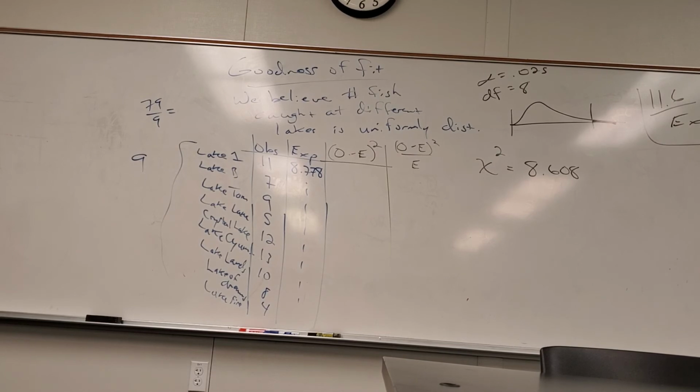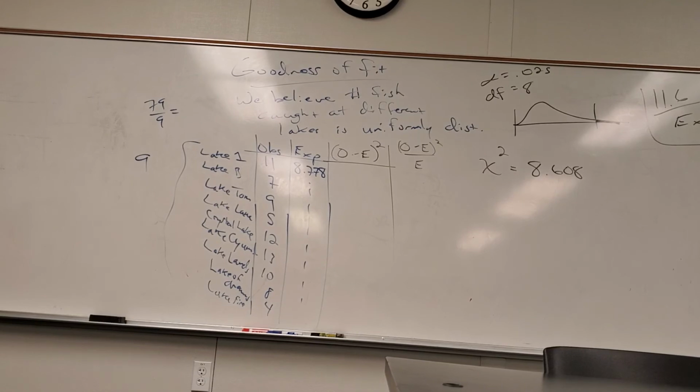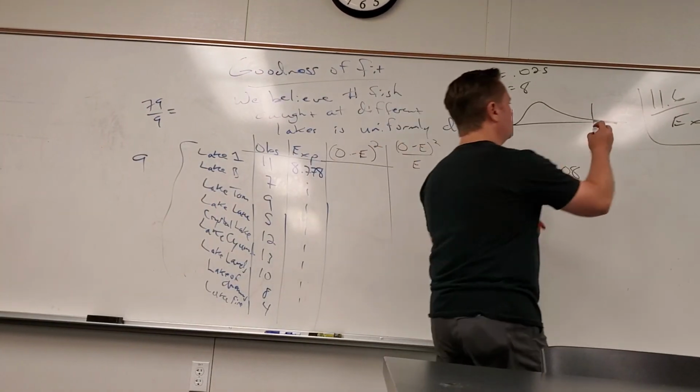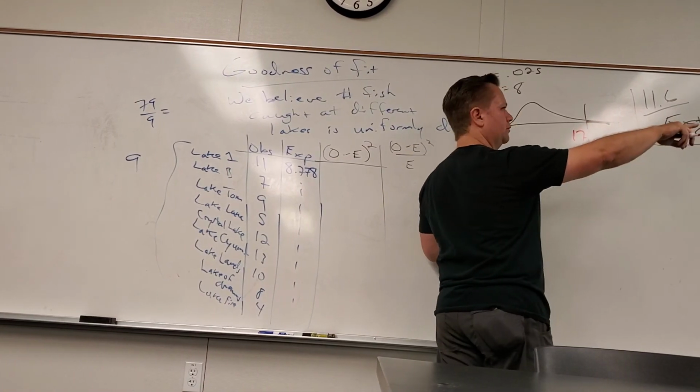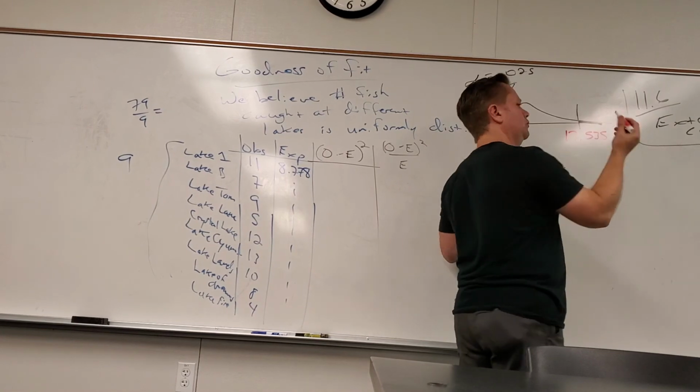So I get this. My critical score was 17.535, is that it? Ooh, you're good.